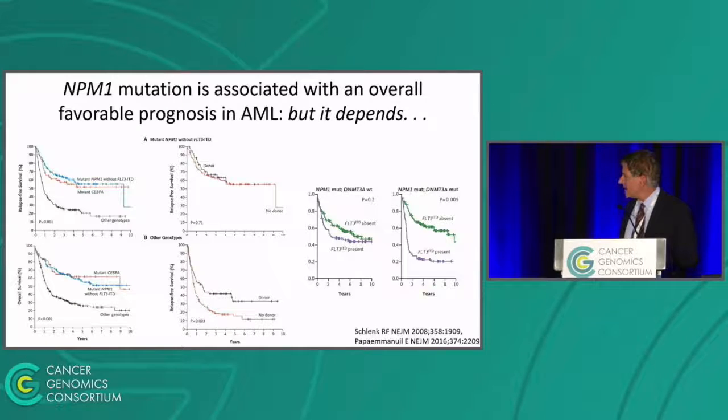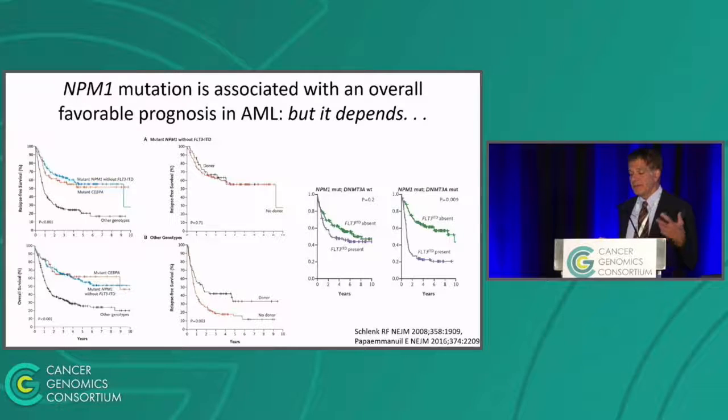So a study that came out by Schlenk et al. in 2008 showed that when NPM1 is mutated without FLT3 internal tandem duplication, so without this cooperating FLT3 gene, which drives hyperproliferation, the prognosis is quite good for AML, equivalent to another genetically defined entity, mutant CEBPA AML. But then it's much worse in the presence of a FLT3 ITD mutation.